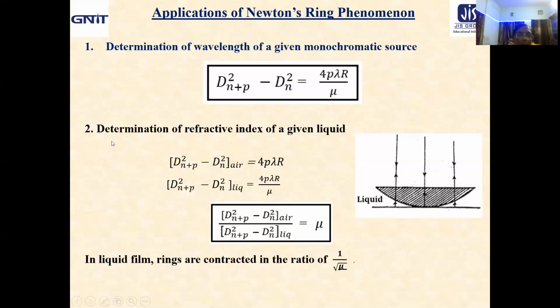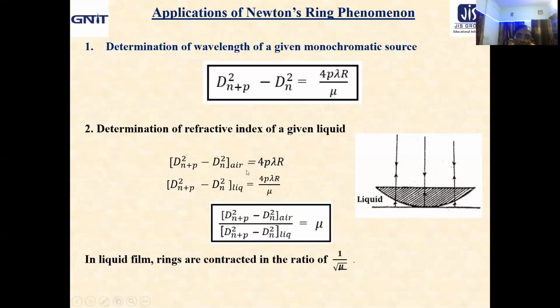Okay. Now, what about the second application? Determination of refractive index of a given liquid. Now, we can determine the refractive index of a film material provided we can measure the diameter for any two rings. For example, first consider that you are measuring the diameter of say the fifth and the second ring in air film.